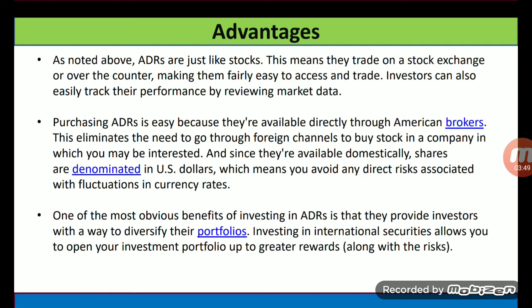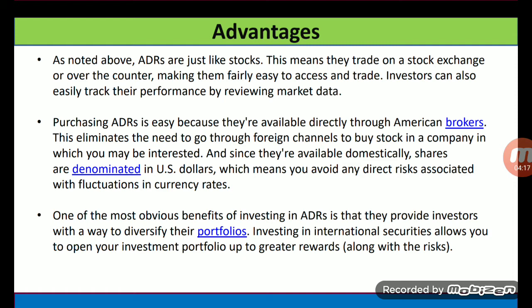One of the most obvious benefits of investing in ADR is that they provide investors with a way to diversify their portfolio. Diversification of portfolio means investing in different types of securities, so that the risk of fluctuation in one or two securities may be offset by good returns from other securities.